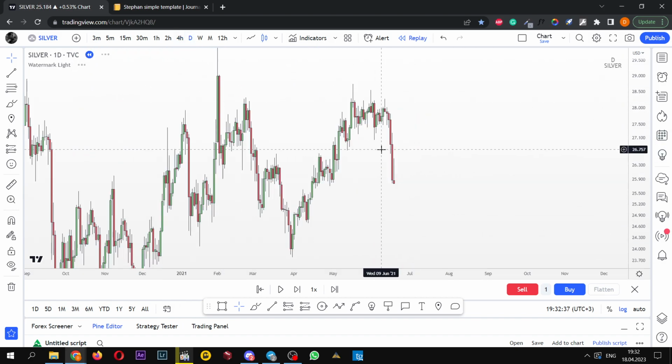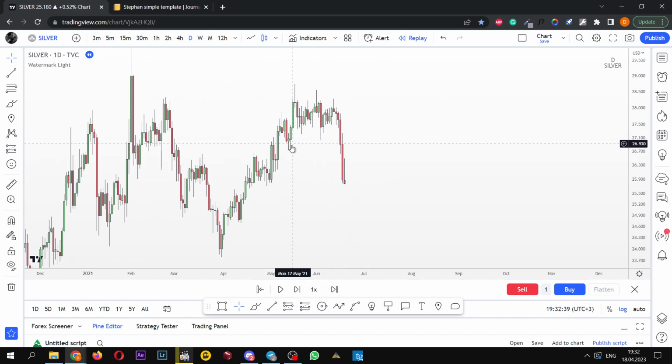And let me check the daily. Okay, and now the daily became bearish with this origin of the move that was mitigated by this.